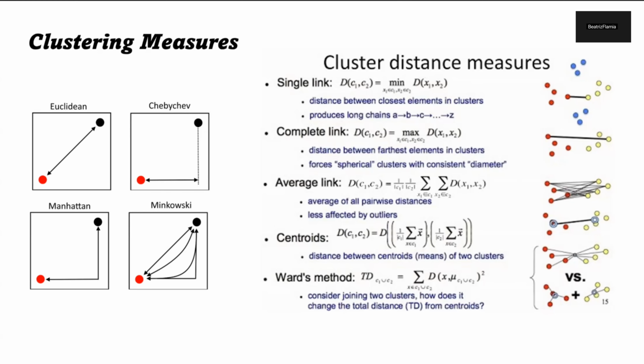There are a lot of ways to measure clustering distance. The first four are the most used in the literature, but you can play with this distance, combine each one and define other kinds of measures, other kinds of algorithms.